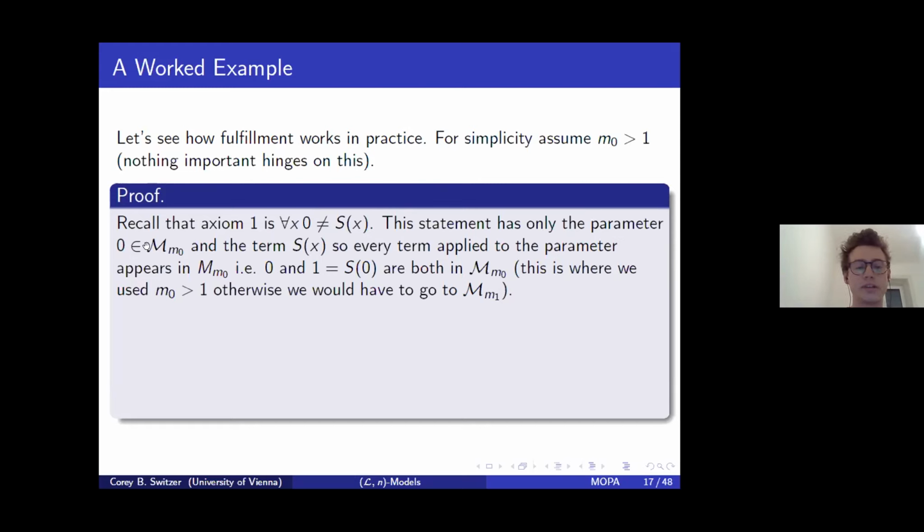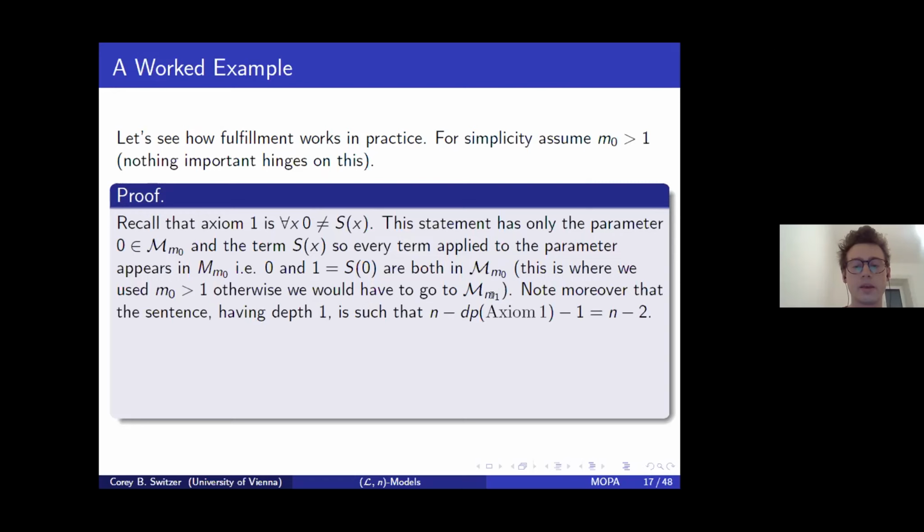And if I apply s to 0, I get 1. So there are two numbers here that could appear somewhere, 0 and 1. And the point is that because we assumed m0 was greater than 1, they all live in the first model, which makes things a little nicer to talk about. Otherwise, we could go to m1 and work there.